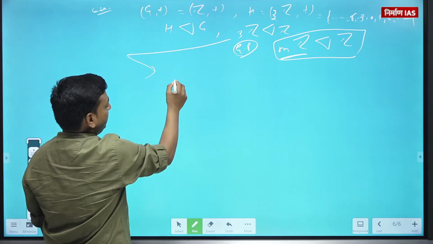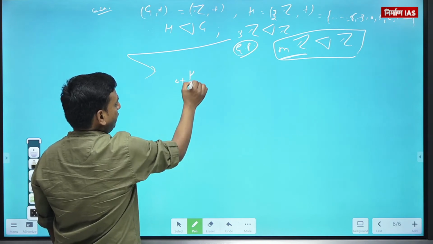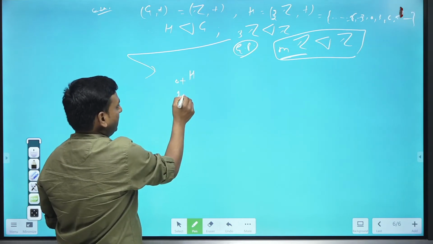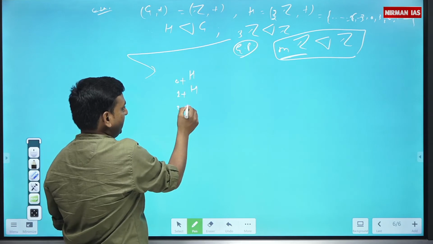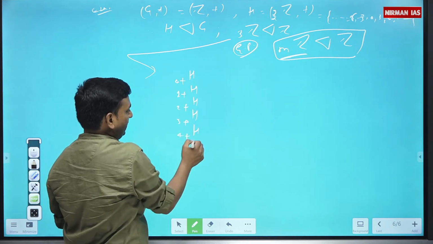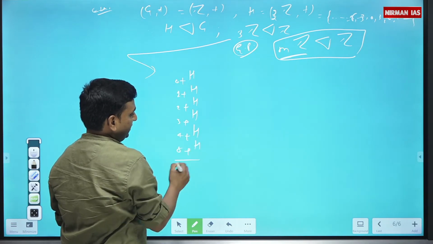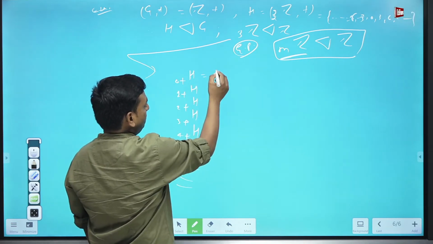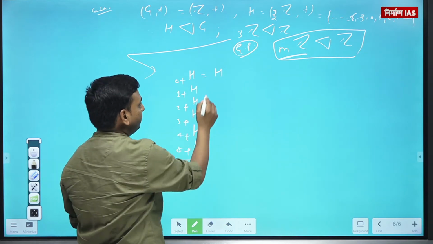So in Z, 0 is the identity element. I want to find 0 plus H, 1 plus H, 2 plus H, 3 plus H, 4 plus H, 5 plus H, and so on. So 0 plus H will be H only.